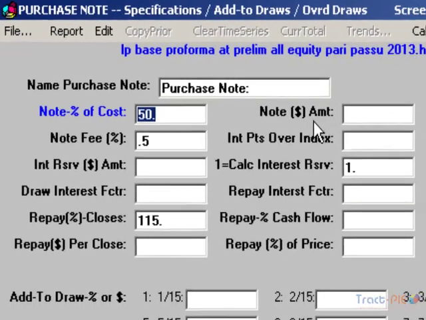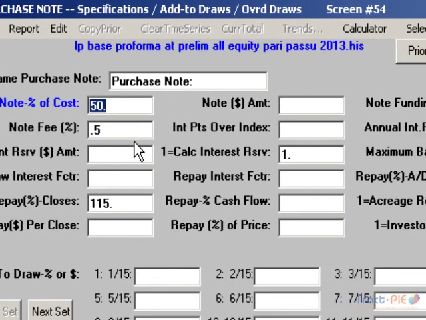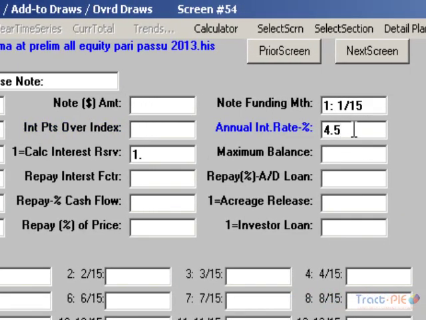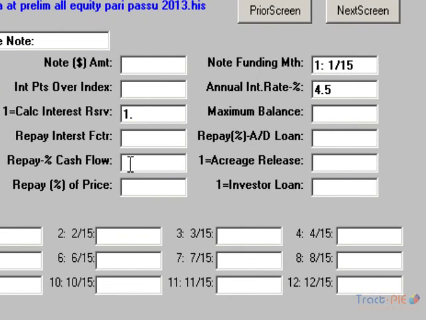We could have also input a specific dollar amount. The interest rate can be variable or fixed, and it can be repaid from fundings of another loan, a percent of closings either at 100% or in this particular case accelerated at 115%, a percentage of cash flow, acreage release, or even a percent of the sales price.